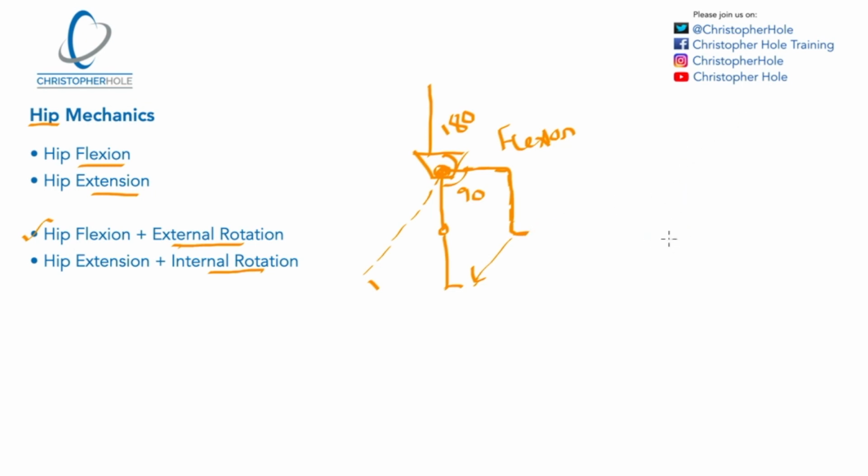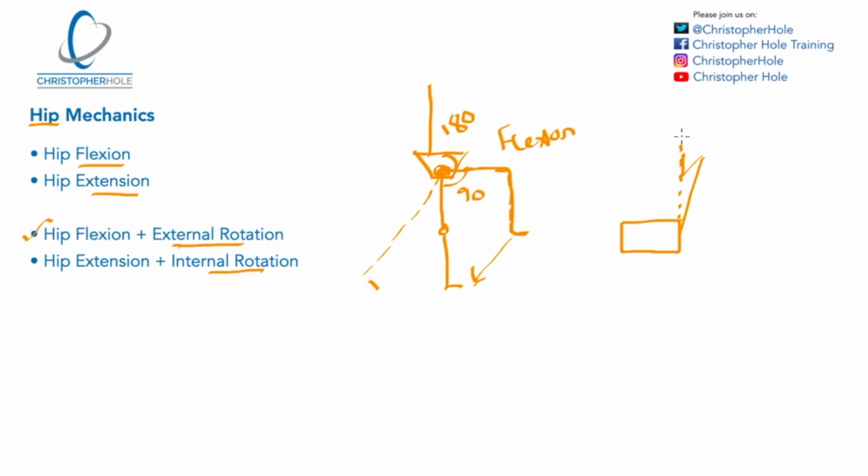If we look straight down, this is a bird's eye view of the pelvis. Not only is it flexed, but it's also slightly externally rotated. So this would be in a straight line, for example, and then you would come down off the knee, and then you would come to the foot onto the pedal.